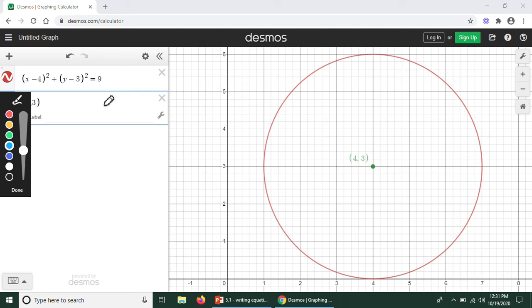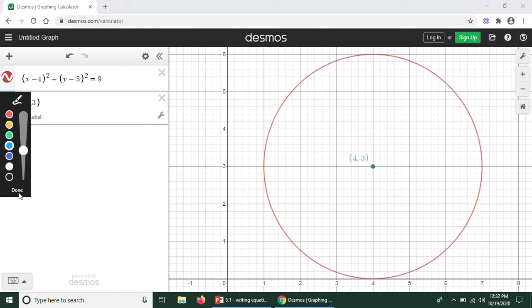Notice that the x coordinate for the center is the opposite of this value that comes from the x part of our equation. And the y coordinate for the center of the circle is the opposite of this value that comes from the y part of our equation.